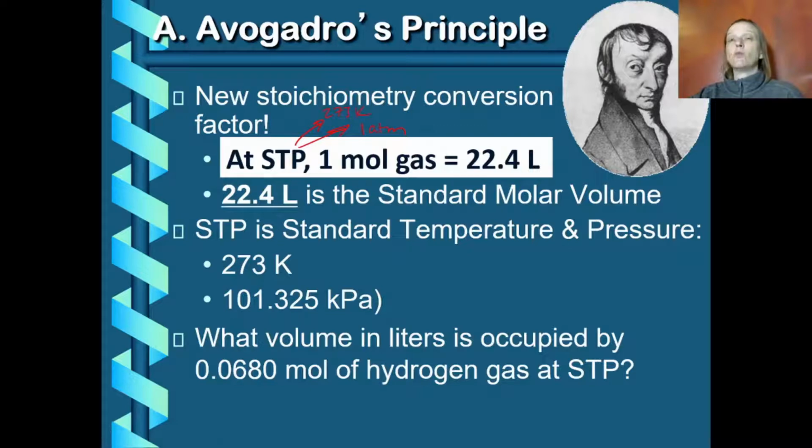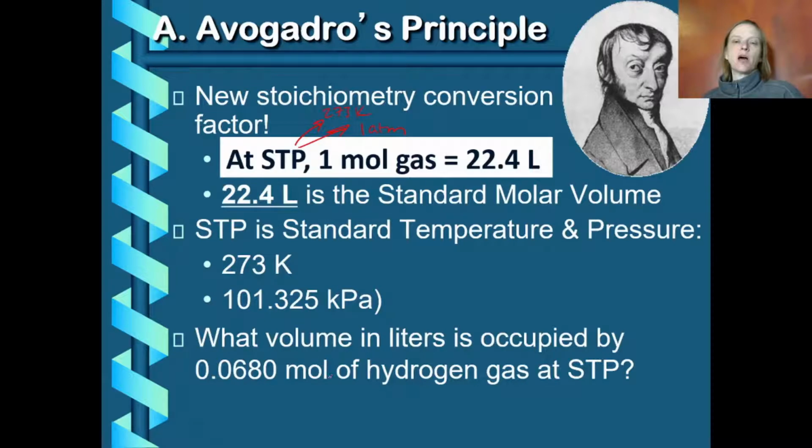In the previous examples, we were converting from moles of gas to moles of gas, but sometimes you're given grams of a substance instead of moles, and that's when you would use this conversion factor. So let's do an example problem using this conversion factor.